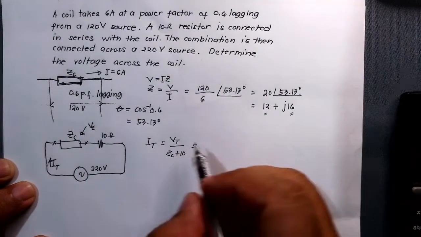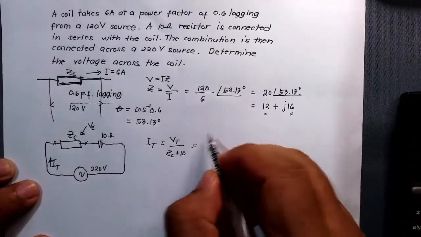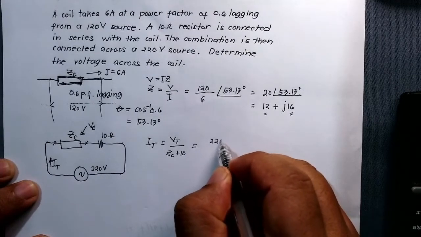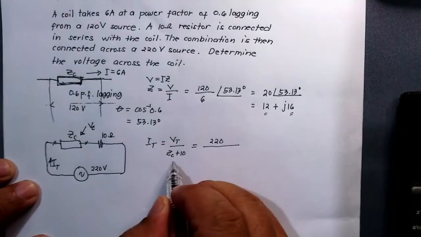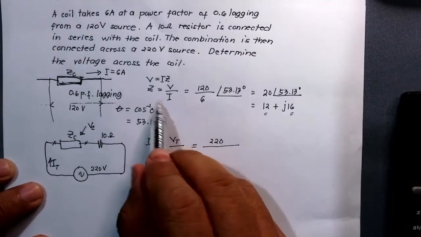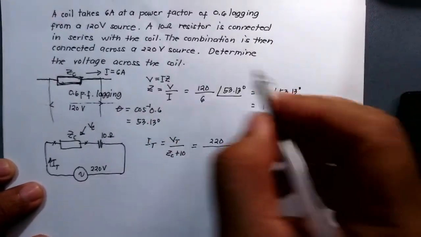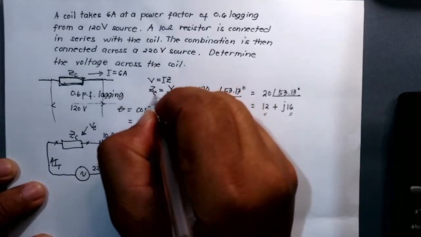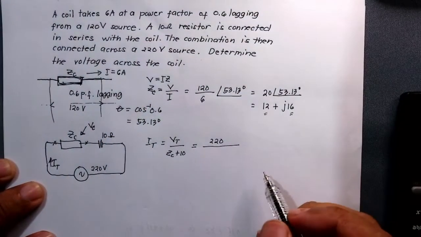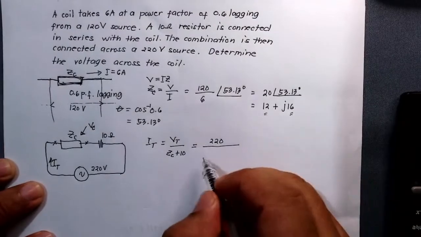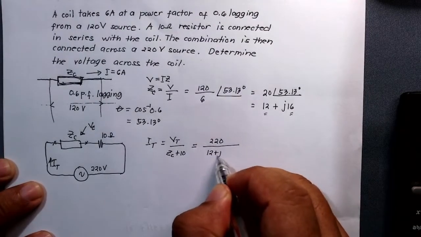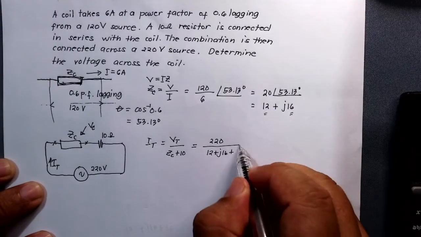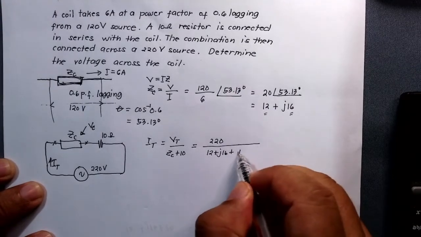Now you have VT given, 220 volt, and ZC, actually this is your ZC, that is 12 plus j16, I'll use the rectangular form, plus 10.